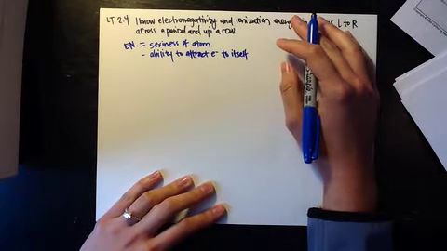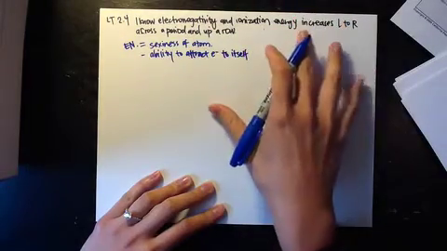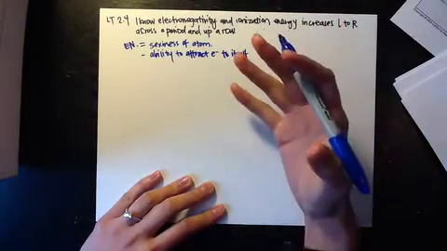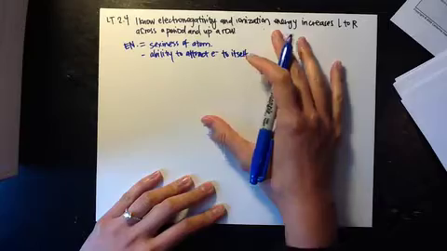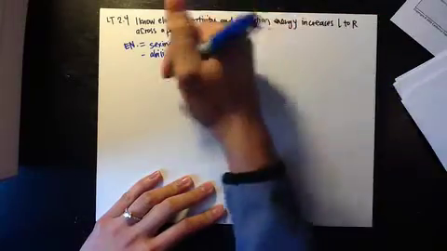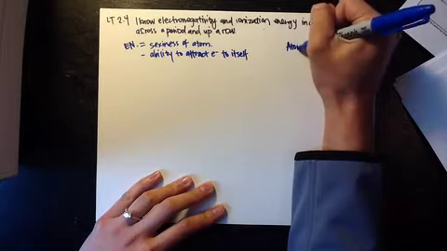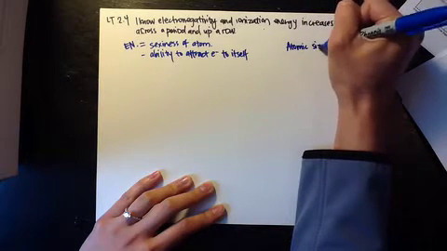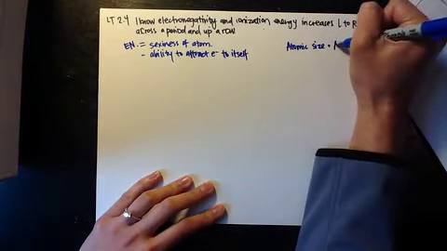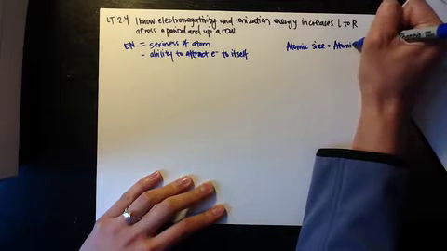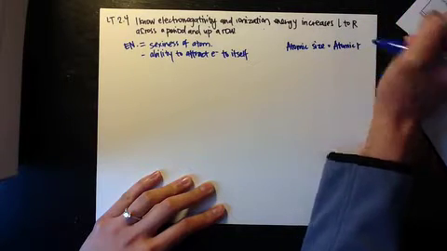Now, how do you determine whether or not something is electronegative? It all comes back to the atomic size, right? The way you think of atomic size is you think of its atomic radius, how large it is.